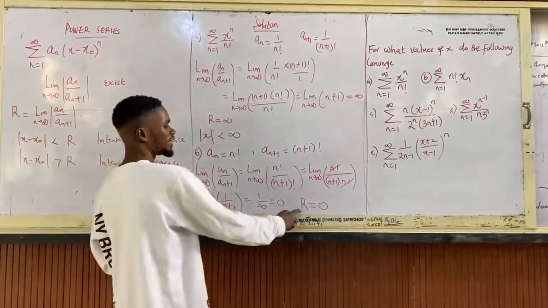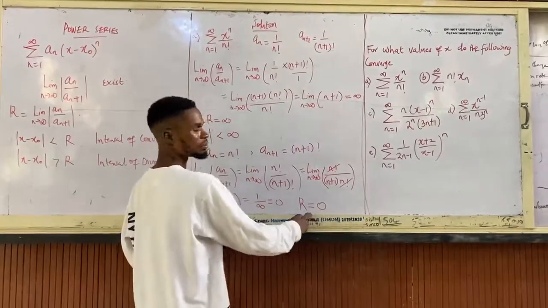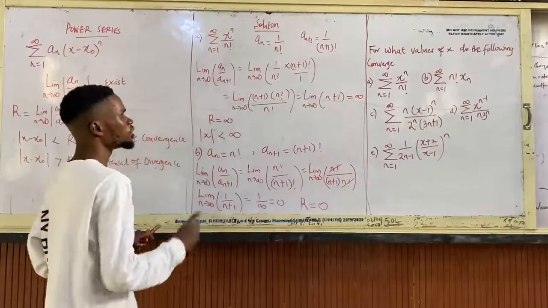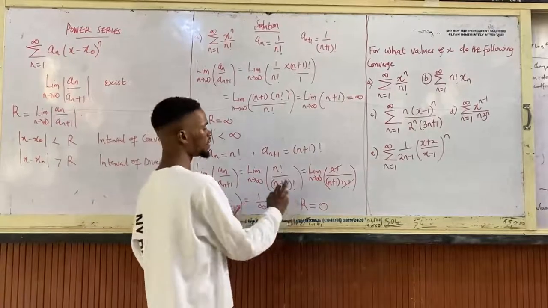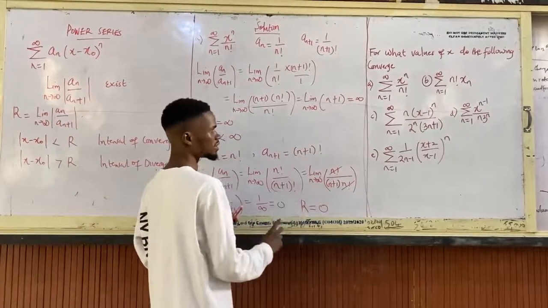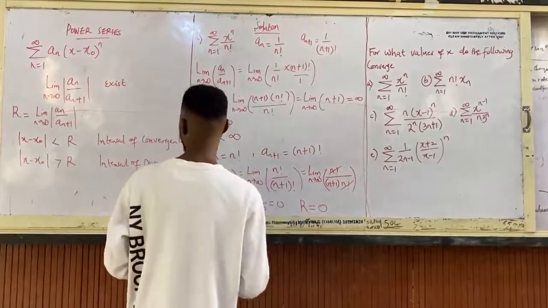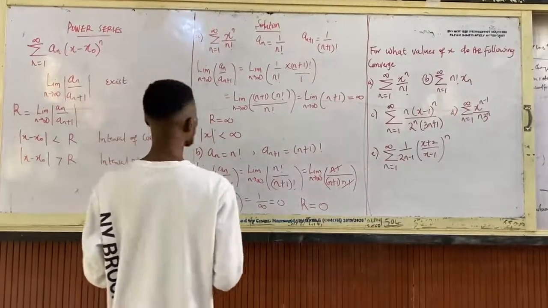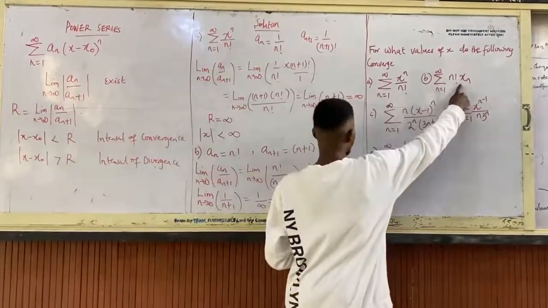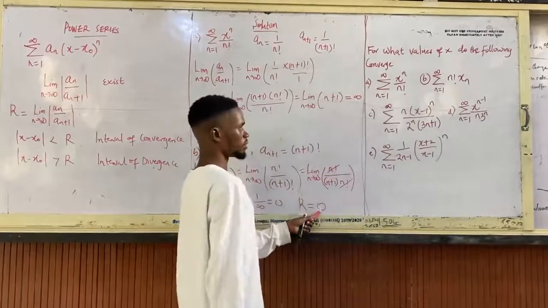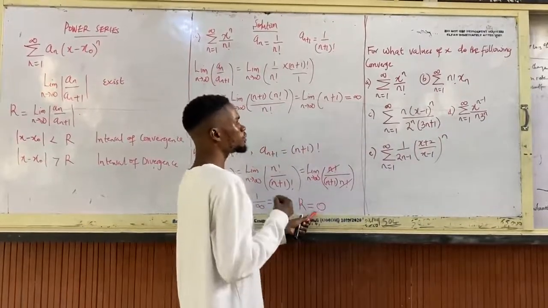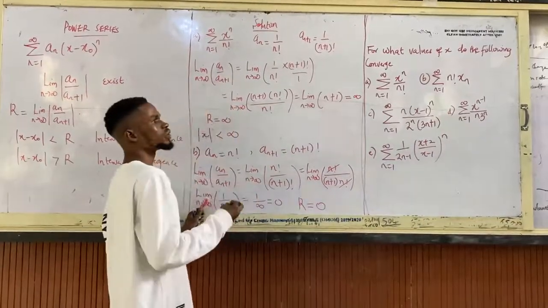Whenever the radius of convergence is 0, that means the series does not converge. Because the interval of convergence would be the absolute value of x less than 0. And the absolute value of any number is always positive.